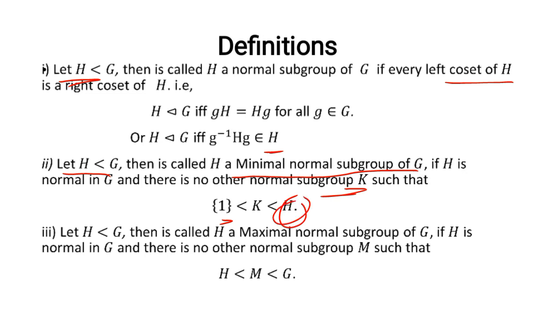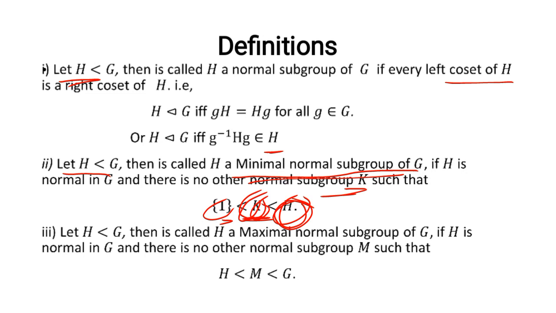Remember, H is the last one. You can't find anybody between it and the identity, okay? If you can't find that K, then H is called the minimal normal subgroup. Just like I said, for siblings, the last one is last one because there is no other person after him or her, okay? So if you can't find K, then that subgroup H is called a minimal normal subgroup.